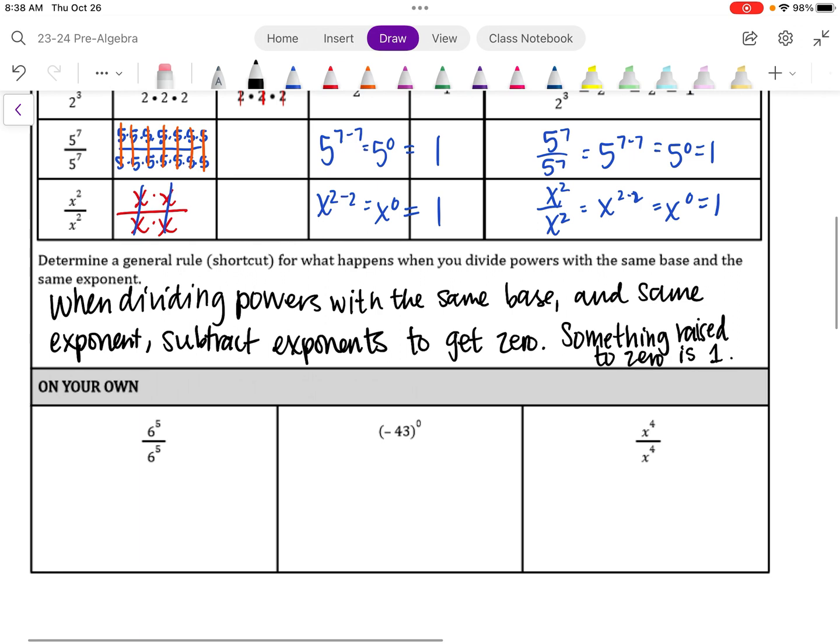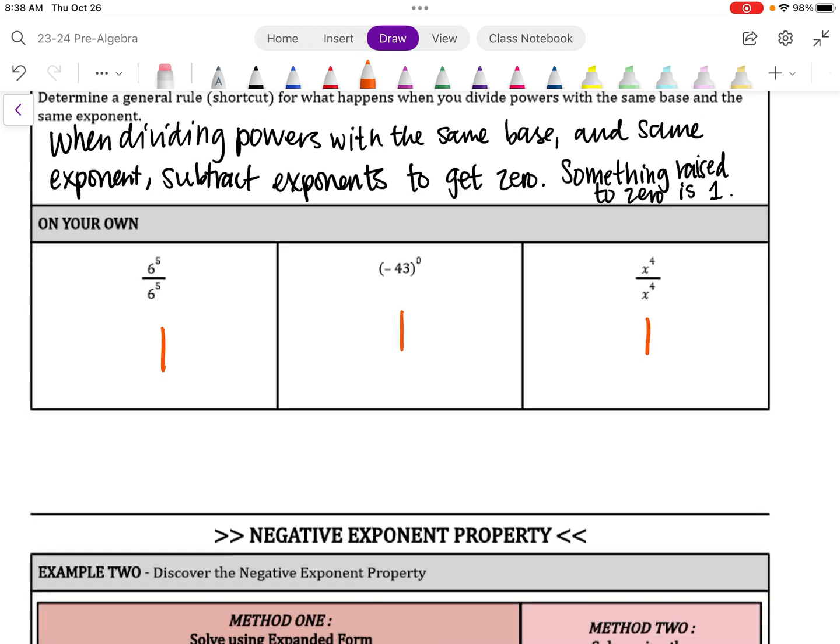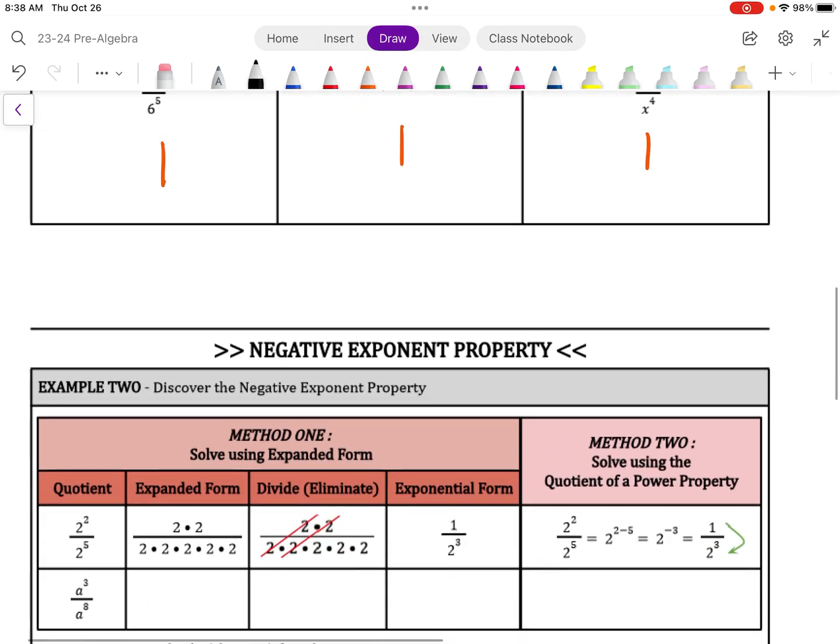Okay, so on our own here, 6 to the 5th over 6 to the 5th, that's just 1. Negative 43 to the 0, that is 1. X to the 4th over x to the 4th is 1. Now, I want to show you some that are going to look similar. And sometimes we just have to be really careful over what they're showing us.